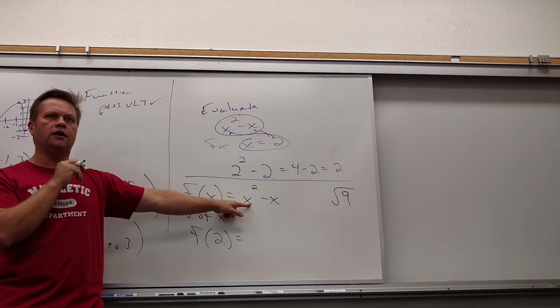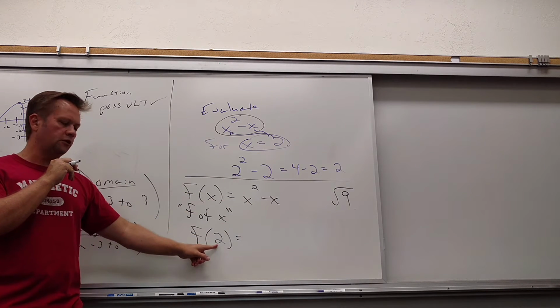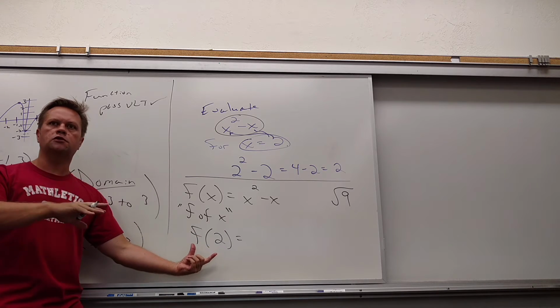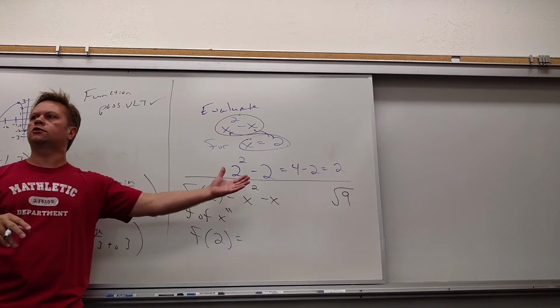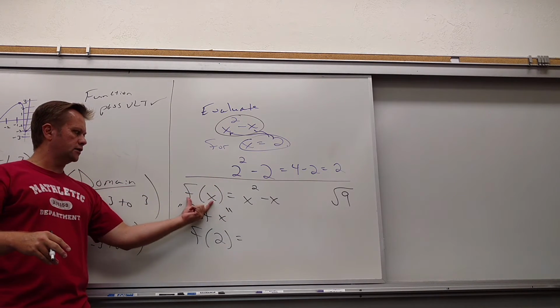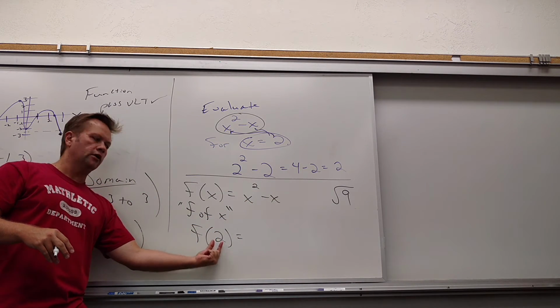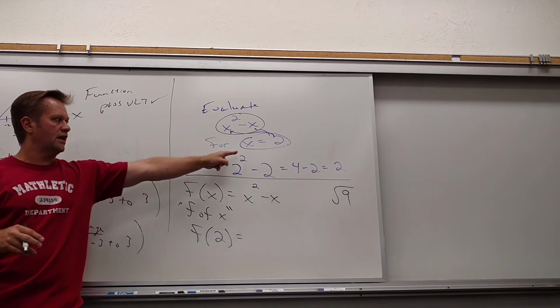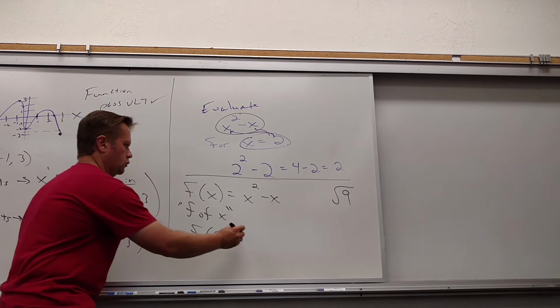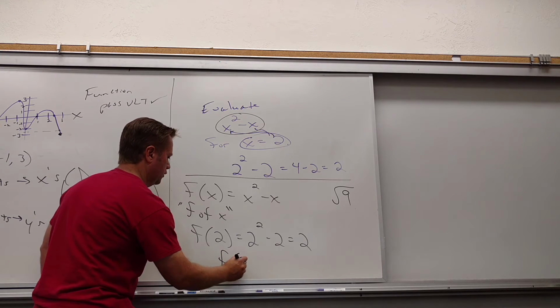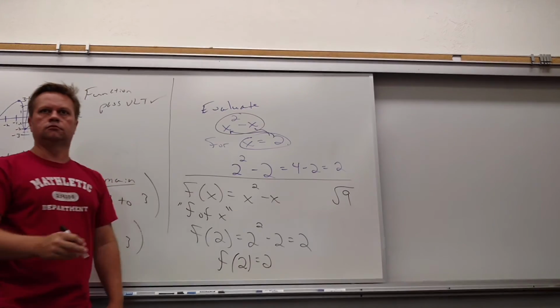Evaluate the function f for an input of 2. So function notation at its most basic level is just substitution. It says, here is the function, and then it can ask you, okay, now plug a 2 in. All right, I'll plug a 2 in, and do exactly what we did up here. That's 2 squared minus 2, which is 2. So f of 2 is 2.